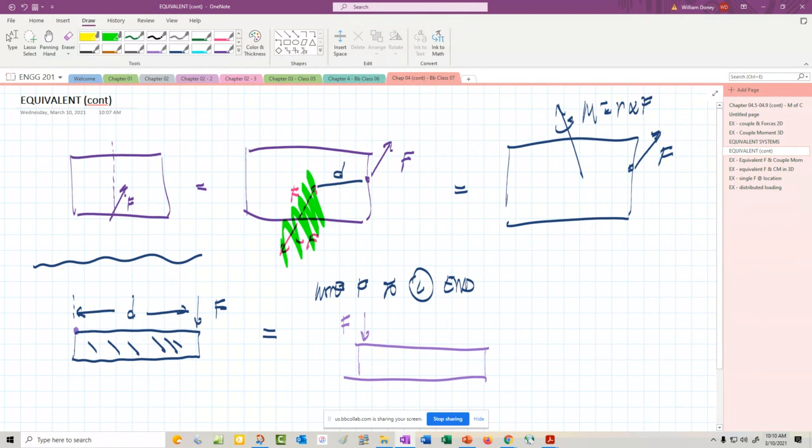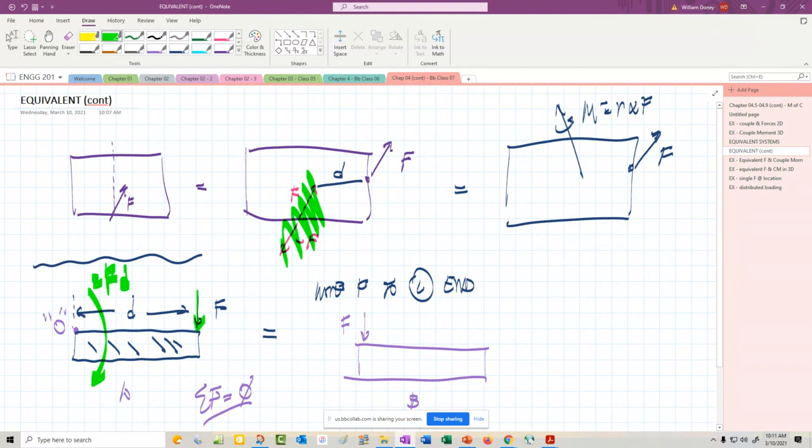Moving the force, if we sum forces to 0, we get the same force, right? There's no change in the force. However, moving it from this first location A to the second, if we're looking at this point here, the origin, this force sets up a moment, force times d, about that point.